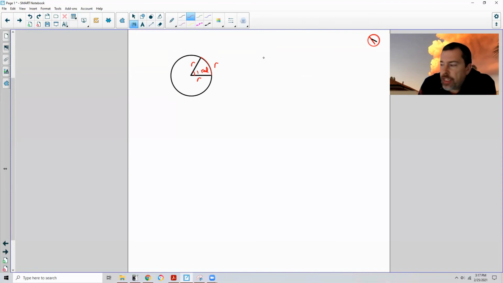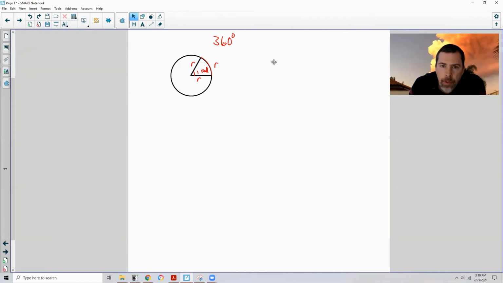From here, what we want to know is how far around that is. I've already told you that 360 degrees is a full rotation of a circle. Now if we talk about what this is all the way around, we say circumference.